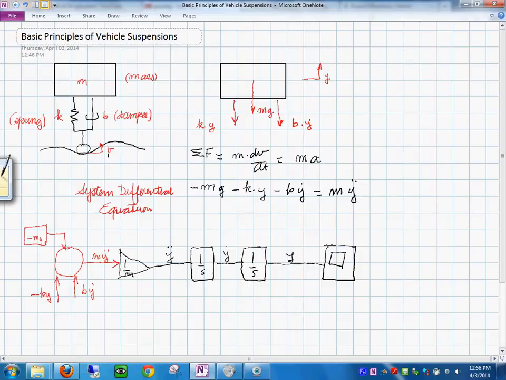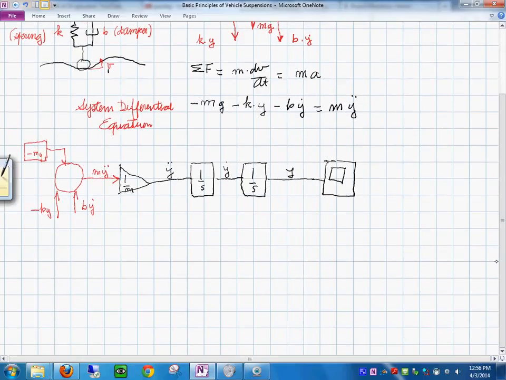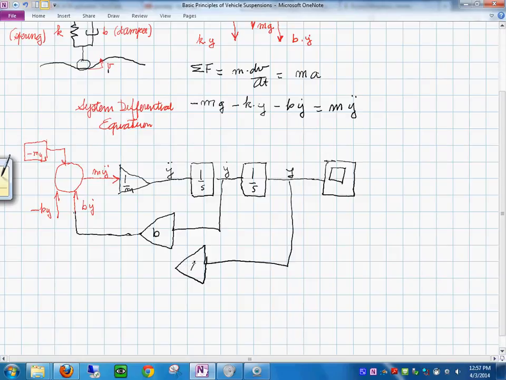You see, once you have this integration here, it follows that you could build this and multiply this by b, and then connect it over here, or you go down here like this and connect it with this k.